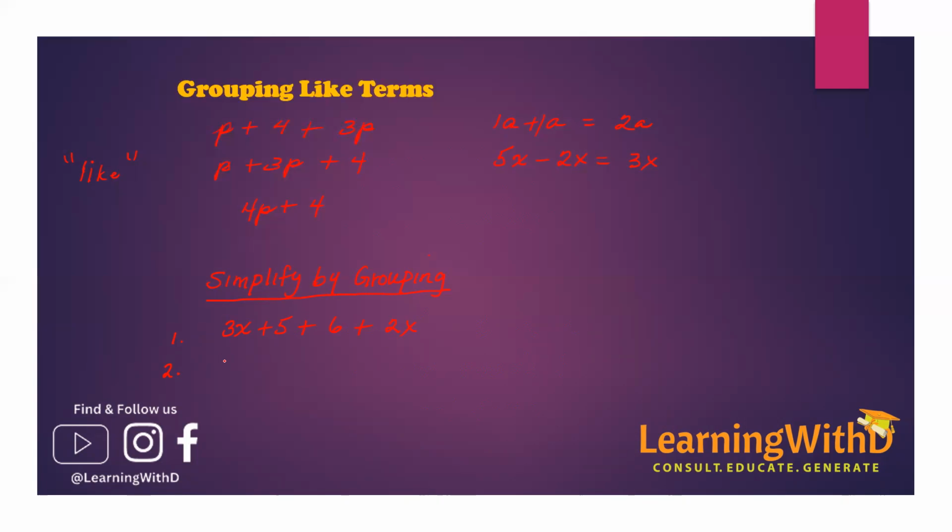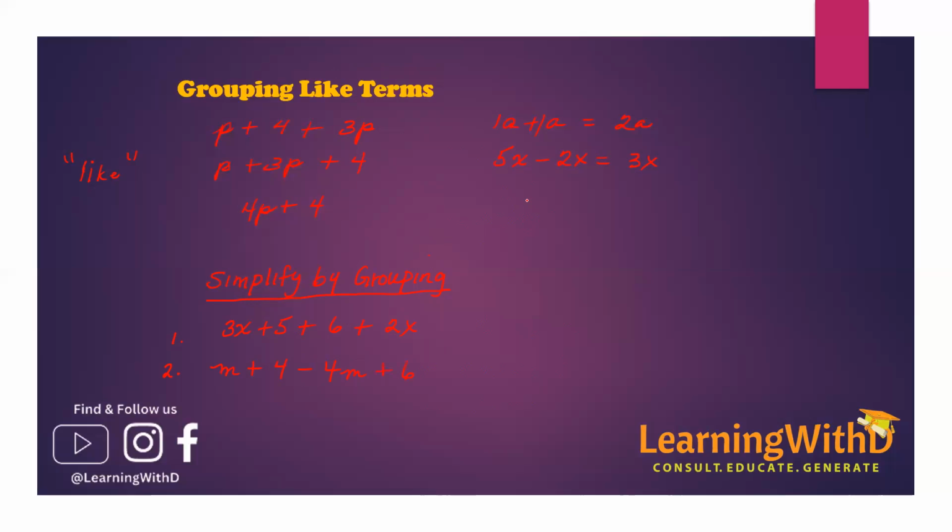And the second one you have to do is m plus 4 minus 4 minus 4m plus 6. So what you want to do is you want to pause the video and give these a try.